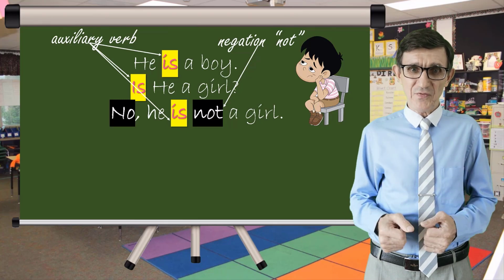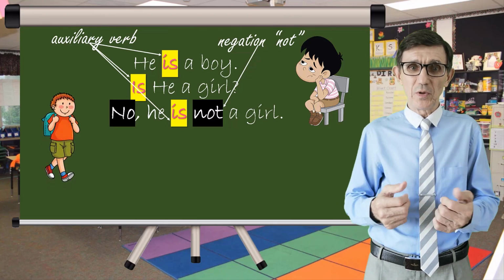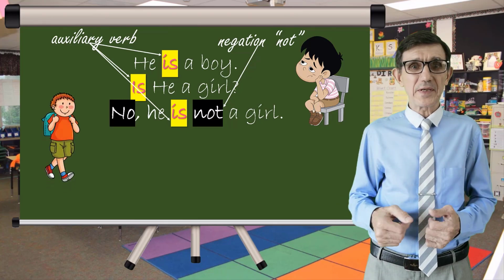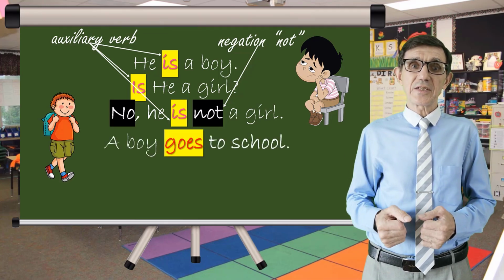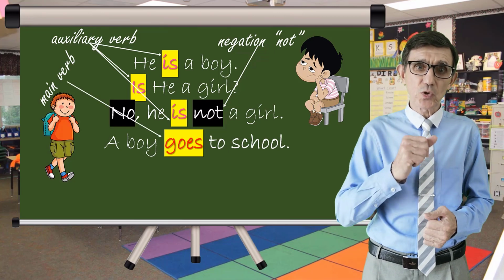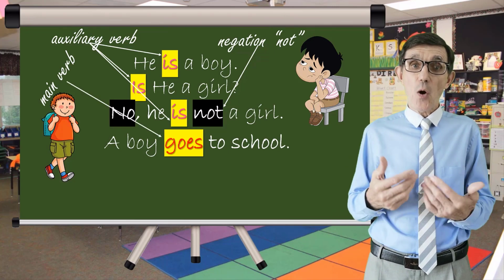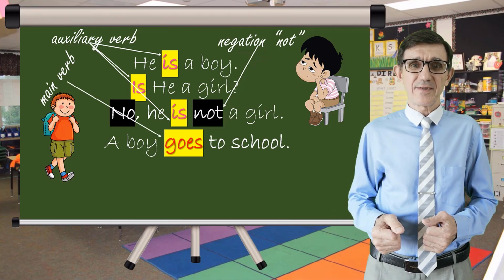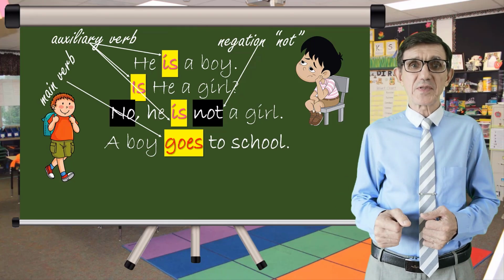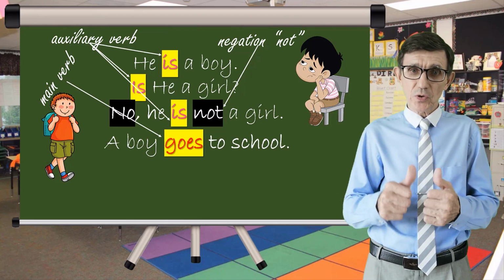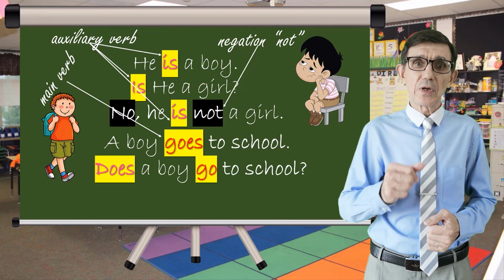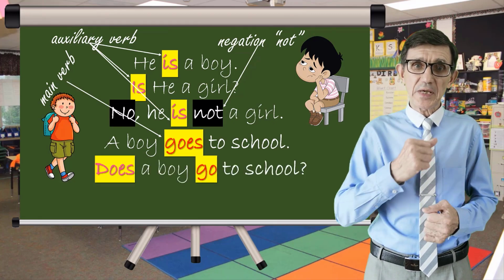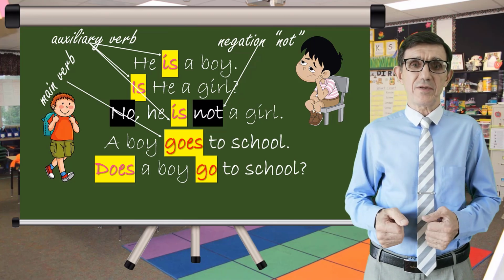On the left, you see a boy who goes to school. Now the boy does something. Since the boy does something, a sentence will have a main verb that shows what the boy does. A boy goes to school. Since both an interrogative sentence and a negative sentence should have the auxiliary verb, we should take the auxiliary verb, do, does, and put it at the beginning of a sentence before a subject.